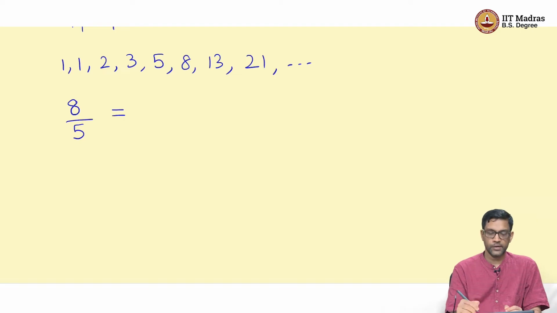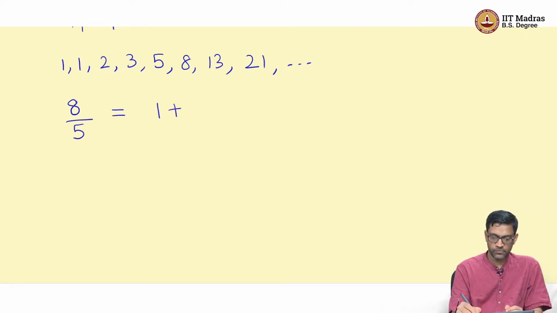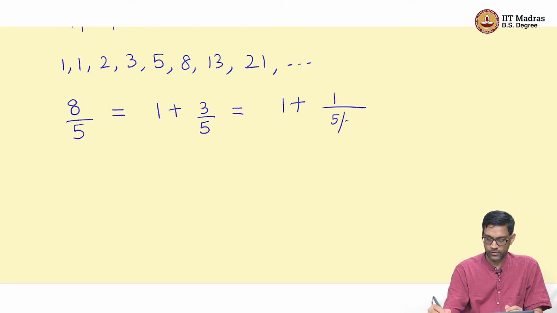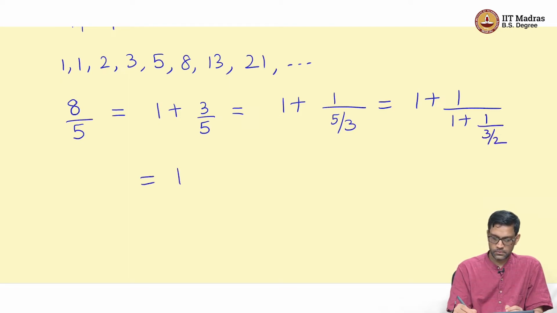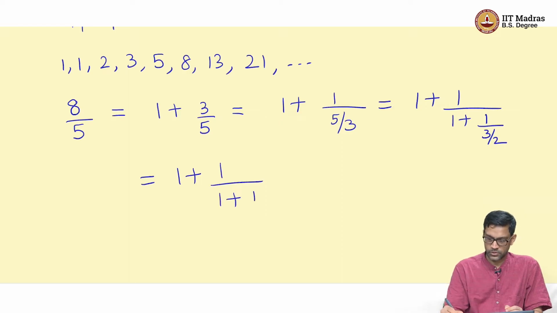If you look at 8 over 5, then we think of it as 1 plus 3 over 5, and 5 over 3 and so on. So this gives us 1 plus 2 over 3, and that is going to be 1 plus 1 over 2.